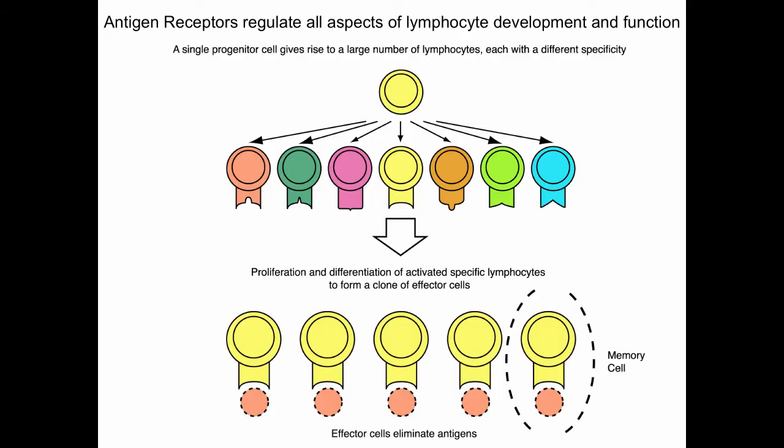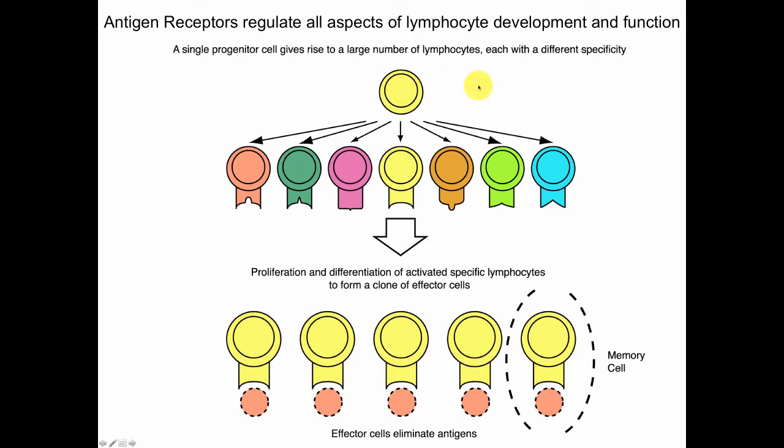So to give a big picture view of the importance of antigen receptors, this is a cartoon illustrating the importance of antigen receptors in 2 major steps of the immune system function and development. The first part of this slide illustrates that all lymphocytes arise from a common lymphocyte progenitor that comes from a hematopoietic cell in the bone marrow.